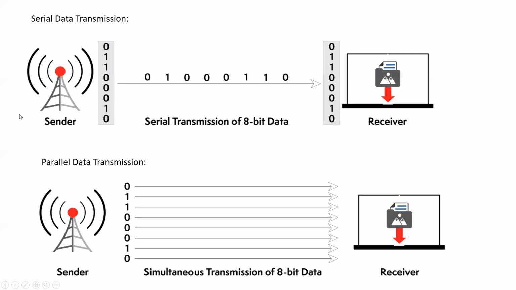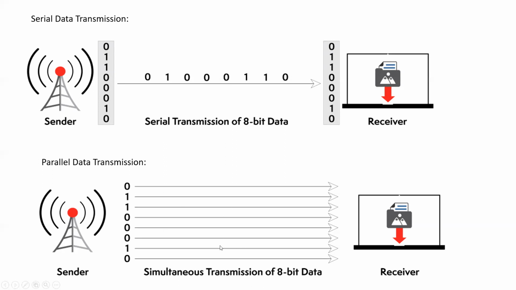Now, parallel data transmission. In parallel data transmission, all the bits of a byte are transmitted simultaneously on separate wires. The transmission wires are separate. This is the difference. In serial there is only one wire and we transmit one by one.